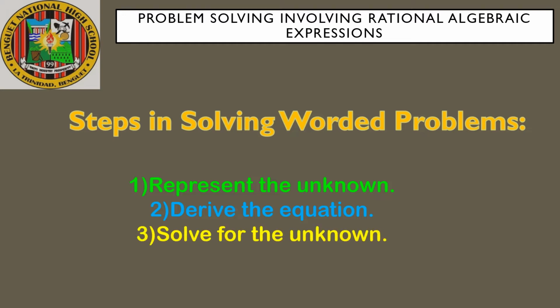Third, we solve for the unknown quantity using the operations, properties of equality, and mathematical techniques that we have learned about. Lastly, we state the conclusion of the problem by answering the question that the problem asks us.